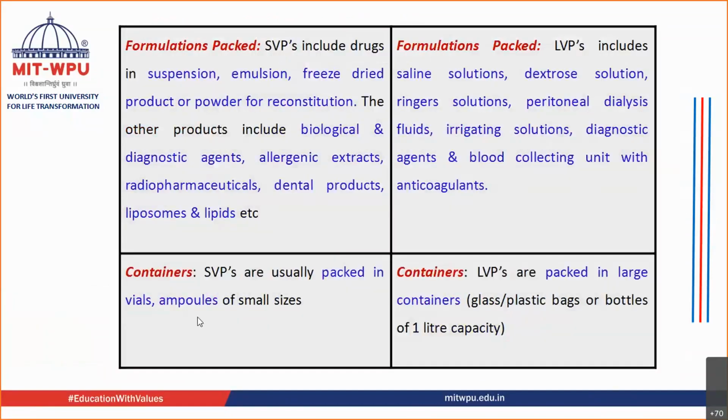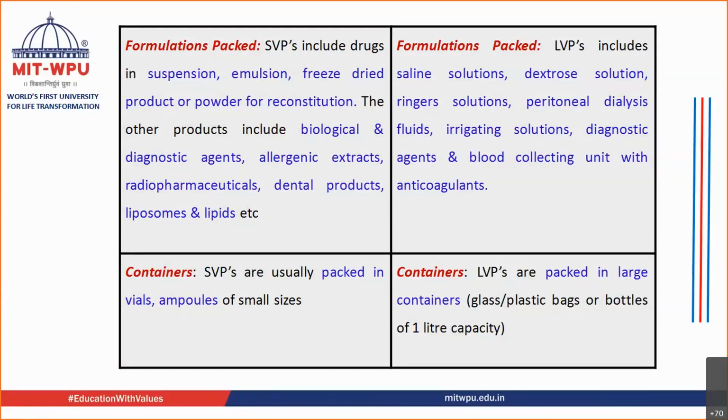Moving ahead with the formulation part of it, what all can be packed in SVP? You can pack a suspension, you can pack emulsion, you can pack freeze-dried products for reconstitution. Biological and diagnostic agents can be packed into it. Allergenic extracts can be packed. You can pack radiopharmaceuticals, dental products, liposomes, lipids. All these products are packed in small volume parenterals.